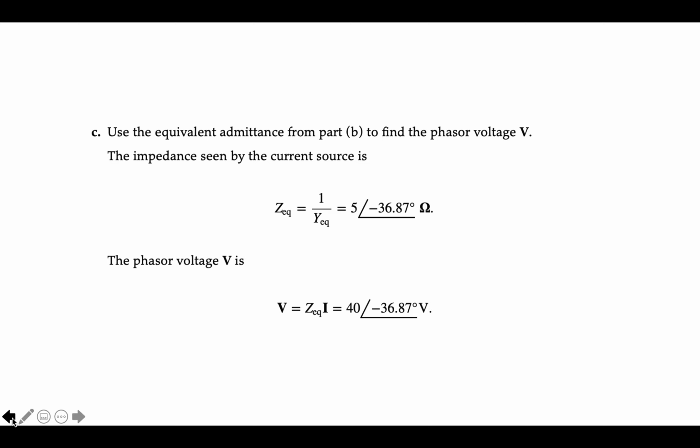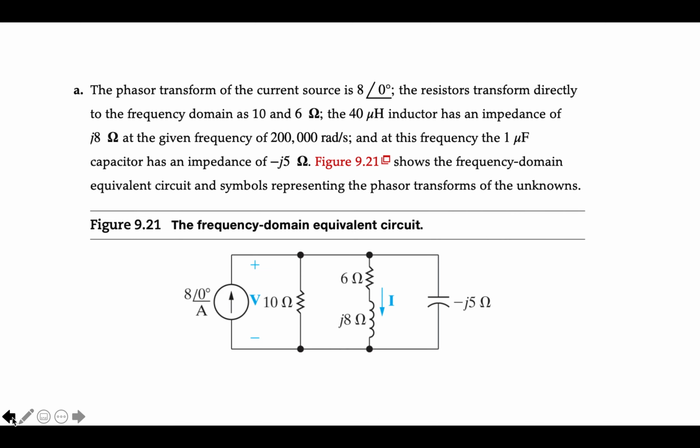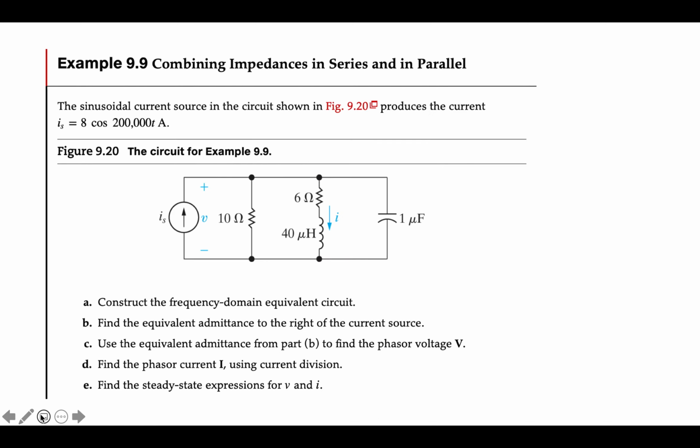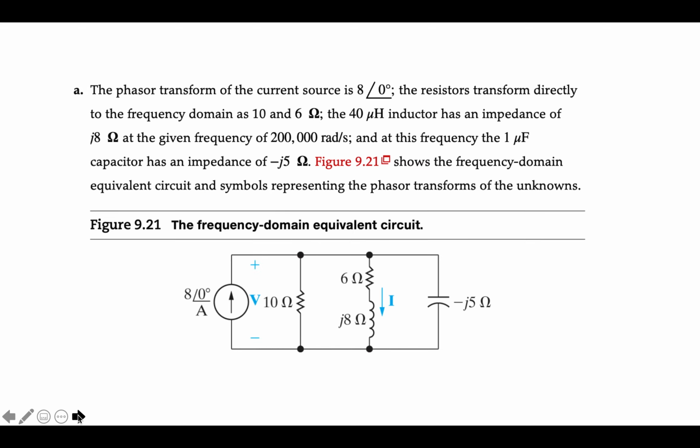Okay, now let's go back and look at the circuit again and see what else we're asked to find. So we were asked to find this voltage V, which in the phasor domain circuit was this voltage. Now remember what we did is everything to the right we converted to a single impedance. So we have a Z. So to find V here, we would just take the current in the phasor domain and multiply it by the impedance in the phasor domain.